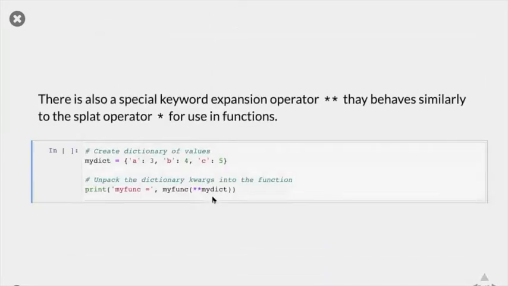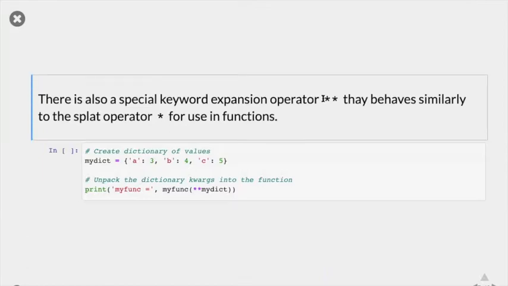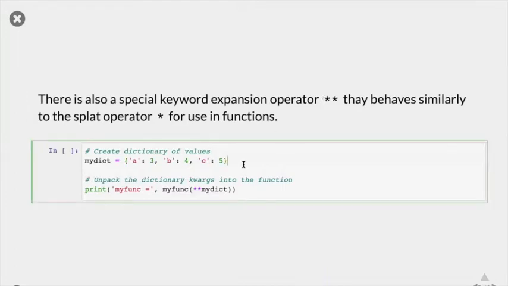Now we can make use of a keyword expansion operator. It's a double asterisk, which is extremely similar to our splat operator before, but instead of working on a list or a tuple, it performs on a dictionary.